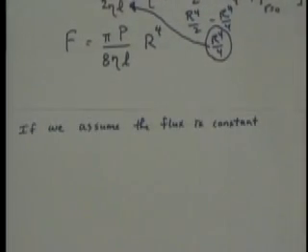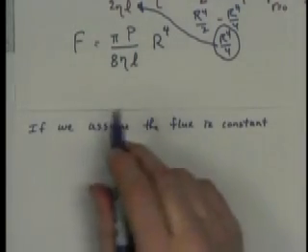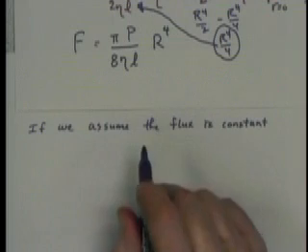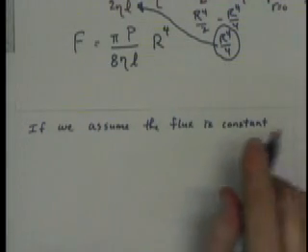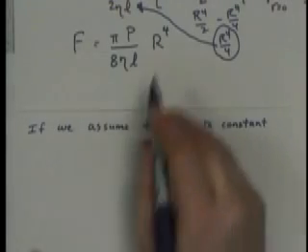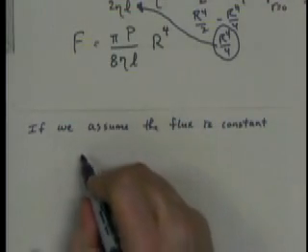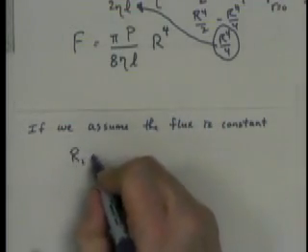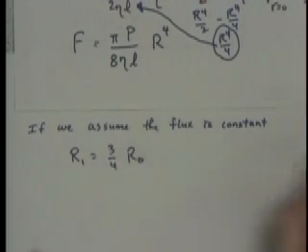Okay. So we can assume the flux is constant, that our body wants to have about the same blood flow if possible. And then assume that the radius of our blood vessel is getting smaller. So let's suppose that R1 is maybe 3/4 of R naught.